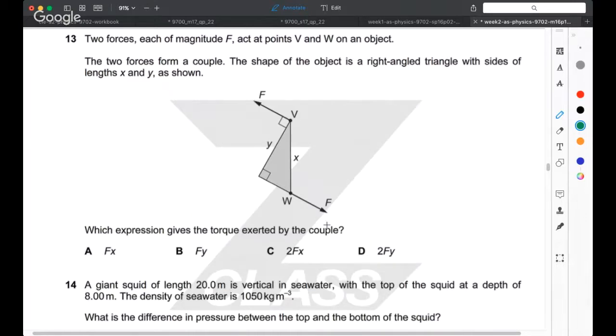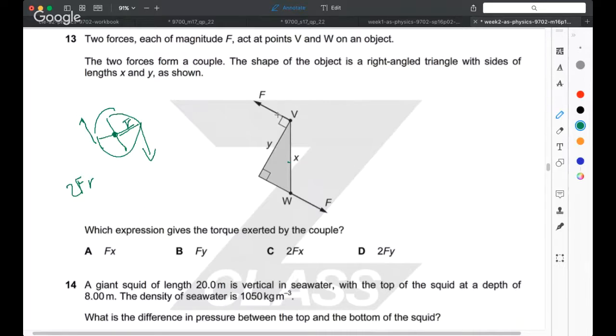Why Fx? I don't think it will be. Here is the same as this one, but these are coupled. Remember when you have only the circle, like when children run about, when children pulled that way. If you have calculated the radius, you put 2 times F of r.